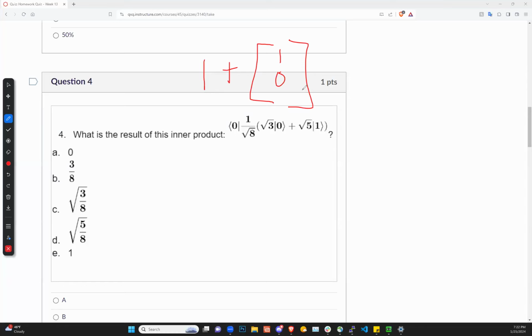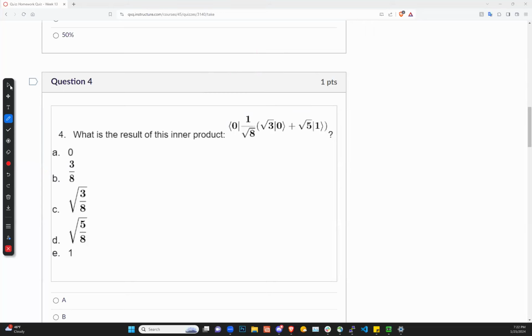What you're asking cannot be done. In terms of Python, it's like trying to add together an integer and a string. That'll give you an error. Those are two completely different things, and we can't add them together. So there are a whole bunch of wacky combinations of bras and kets, but we actually can't add them together. That's a great point.